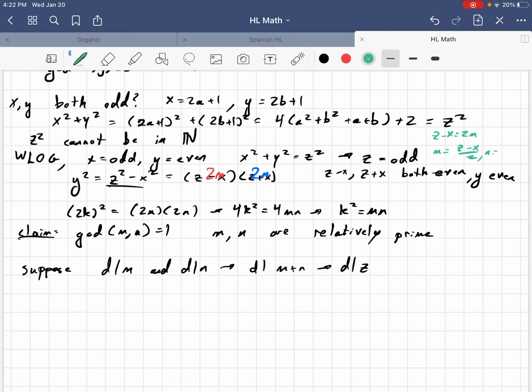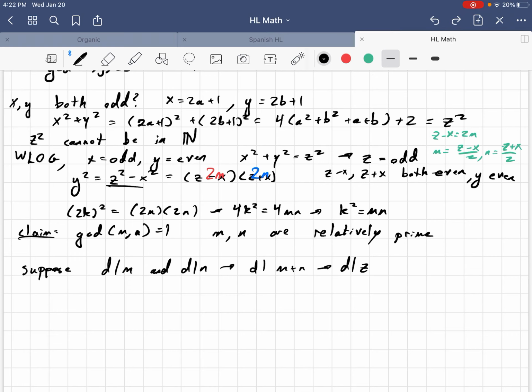And n is equal to (z plus x) over 2. So what I'm getting at is m plus n is (z minus x) over 2 plus (z plus x) over 2, which is nothing but z. So d would also have to divide z.